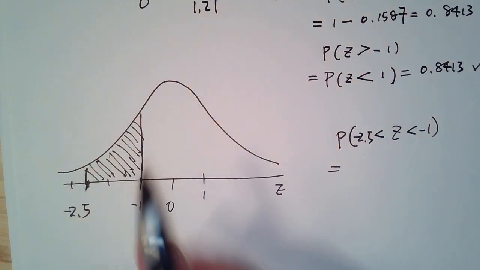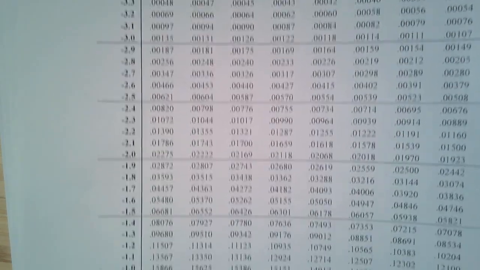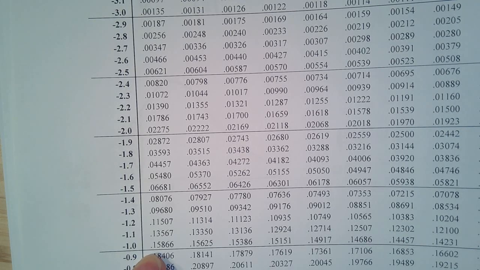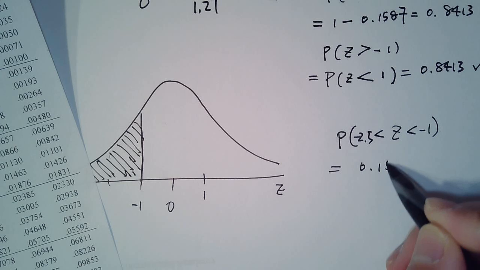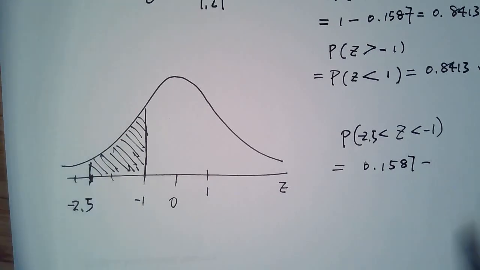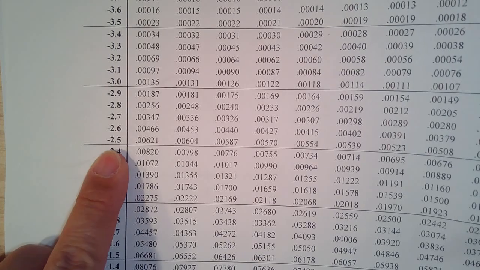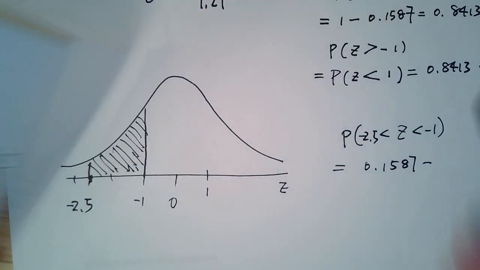We look at -1 first, which we found earlier: -1.00 is 0.1587. Okay, we're going to subtract the value for -2.5, which is 0.0062.